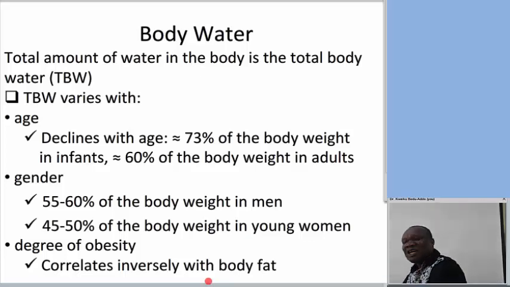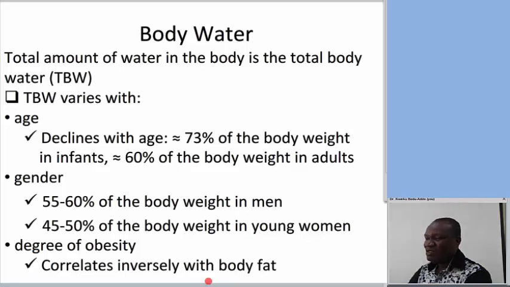Now, the reason is that young women have more fat than young men, and the adipose tissue would displace water. Right? Fat and water are not good friends. So, as young women have more fat than men, the total body water in men is slightly higher than women. Now, the degree of obesity.